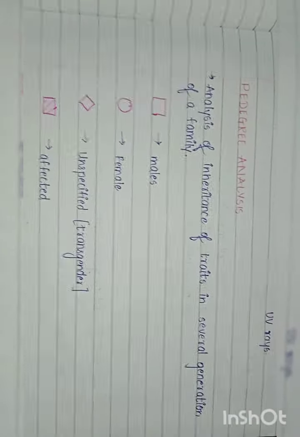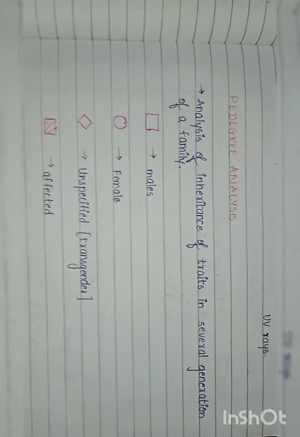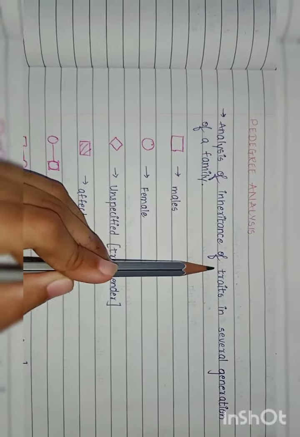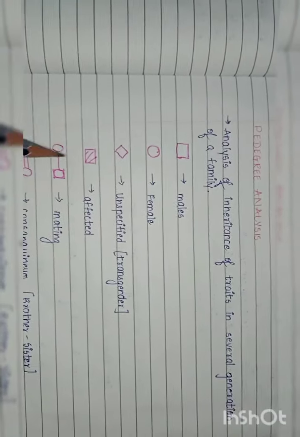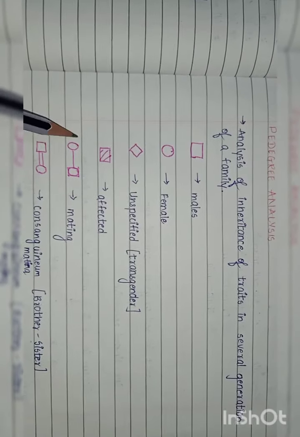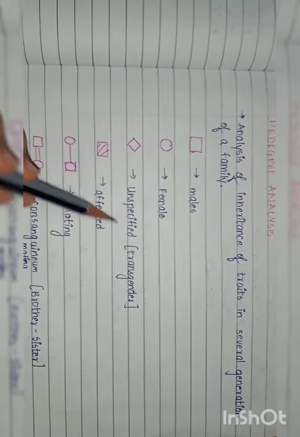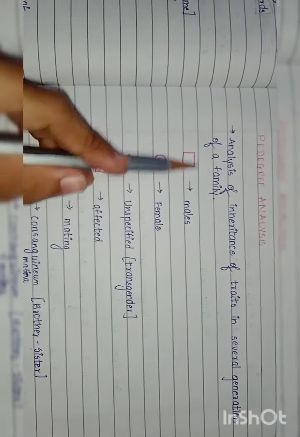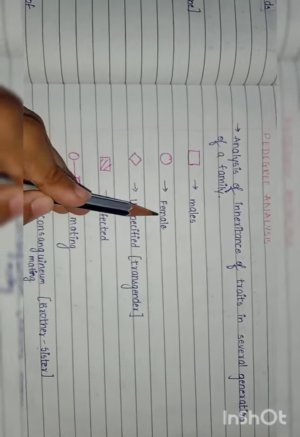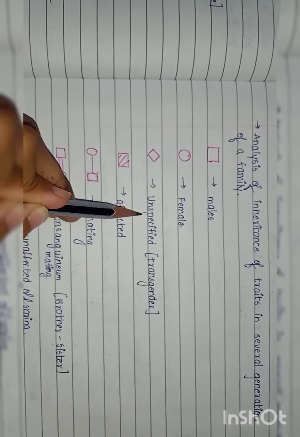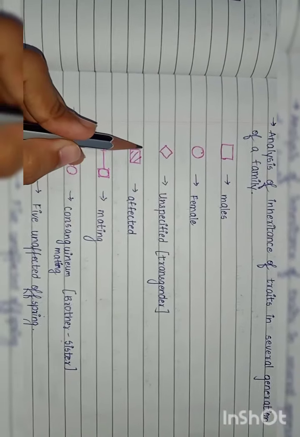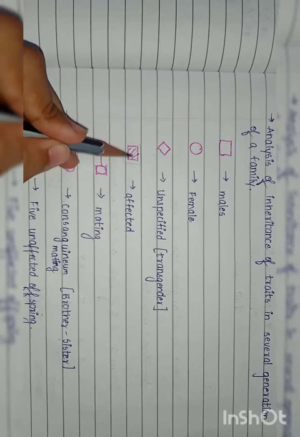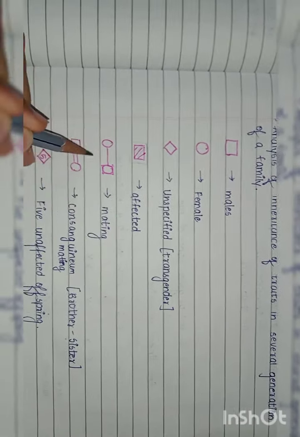Let us see pedigree analysis. It is the analysis of inheritance of a trait in several generations of a family. Now there are some symbols which represent a character. A square box is for male, a circle is for female, and a diamond shape is for unspecified sex. If the box or circle is shaded, then it is affected.